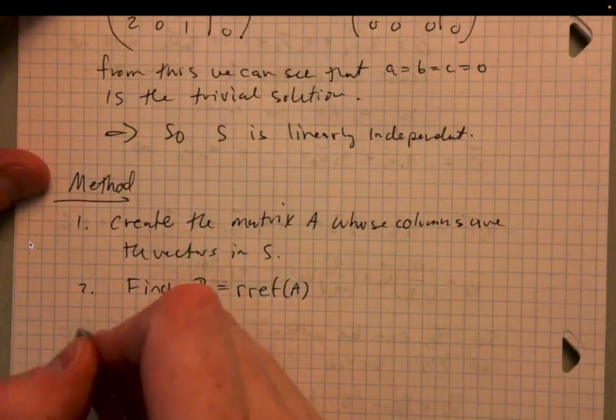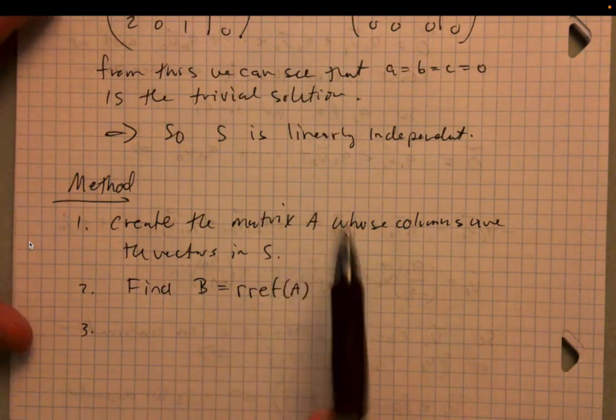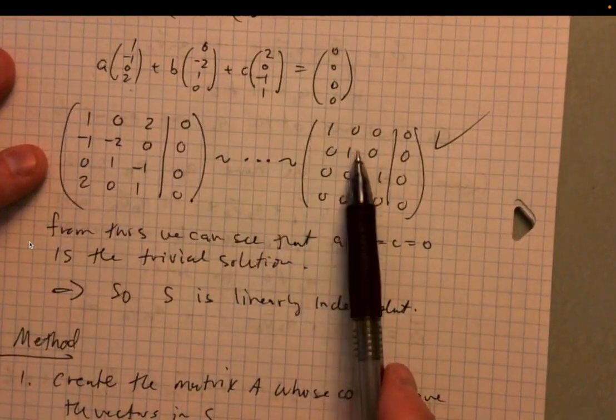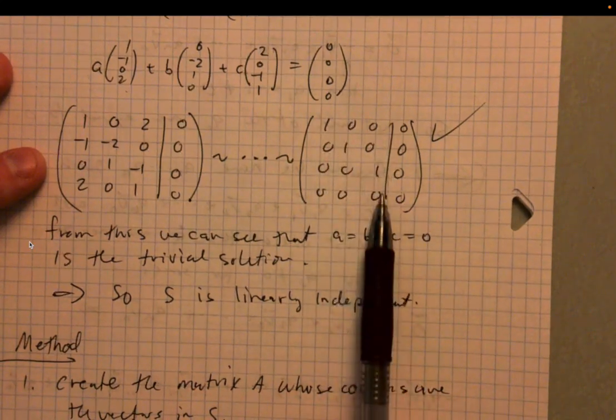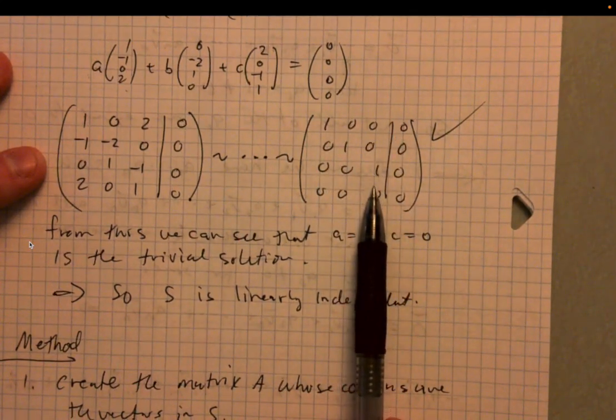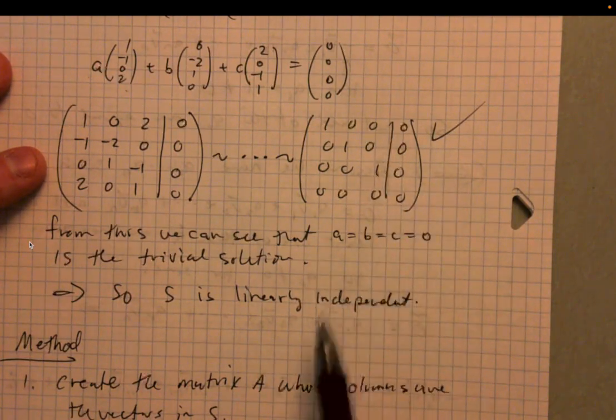Okay, and step 3 is to just give it a glance. Basically, what it boils down to is I'm going to need a pivot in all 3 columns. If I just have 2 pivots and a row of zeros, that means I have a free variable, which means I have infinite solutions, not just the trivial solution.